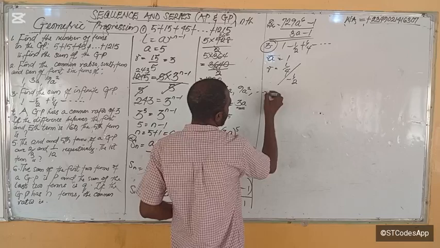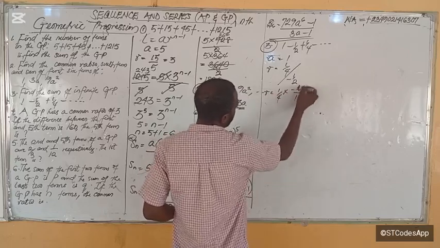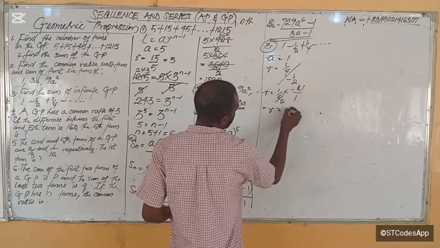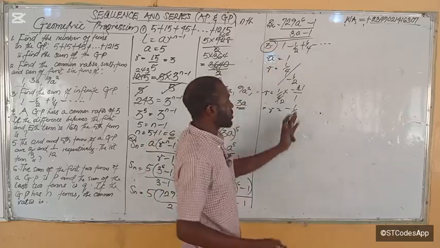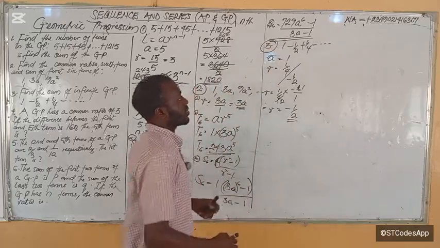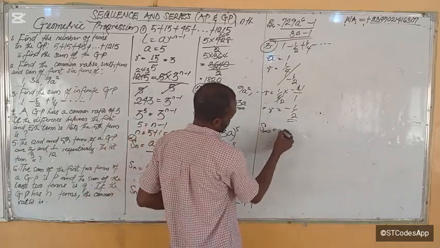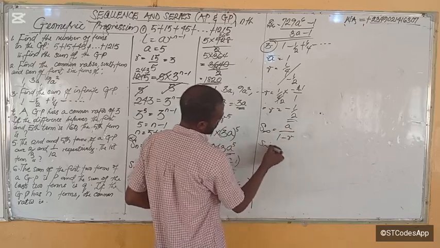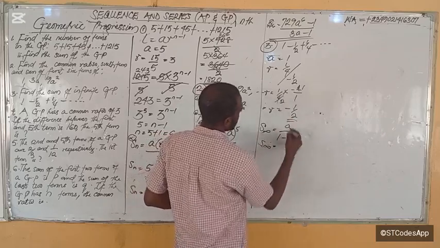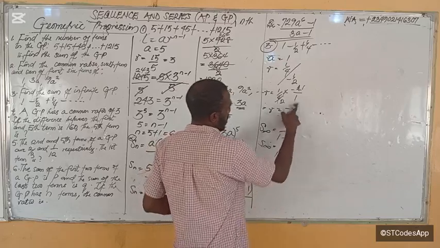So R becomes 1 over 4 times minus 2 over 1. You get here 1, here 2. So you see R is still minus 1 over 2. If you are taking minus 1 over 2 divided by 1, you still get minus 1 over 2. Alright. So it says to find sum to infinity, and S infinity is A over 1 minus R. So S infinity therefore becomes A, which is 1, over 1 minus, what is R here?